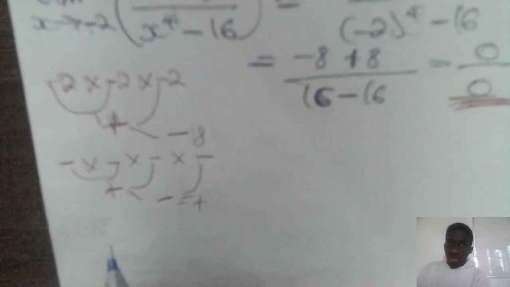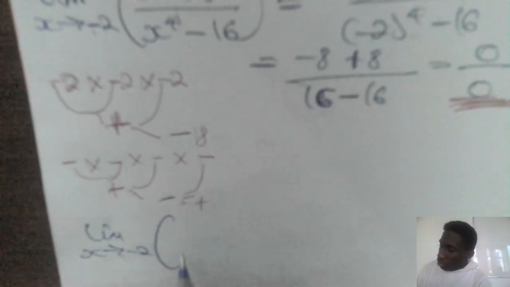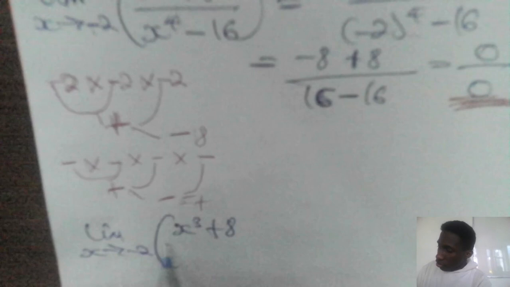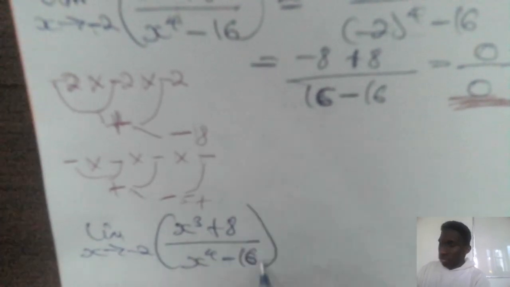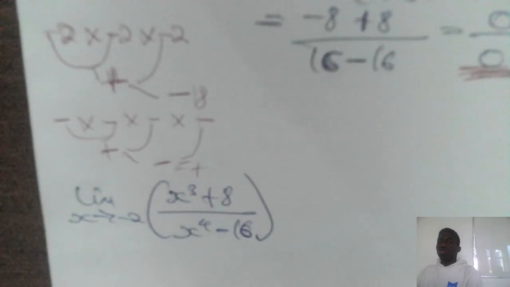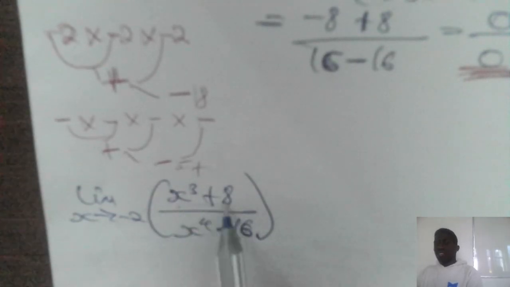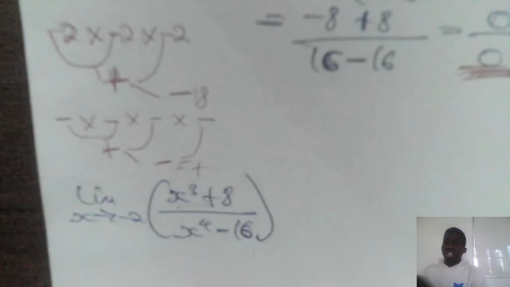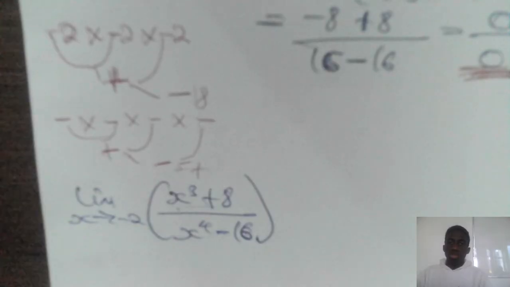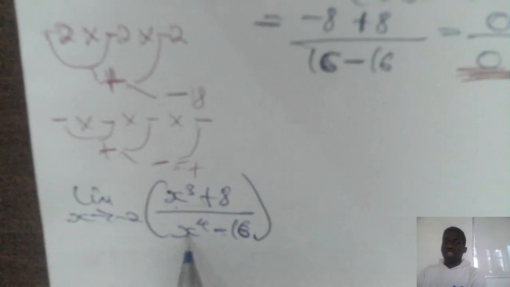Now take a deeper look at the limit. So what can we do? From the numerator side, we can't really say much about it. It's x cubed plus 8. But for the denominator, we can say much more, because this is in the form of a difference of 2 squares.